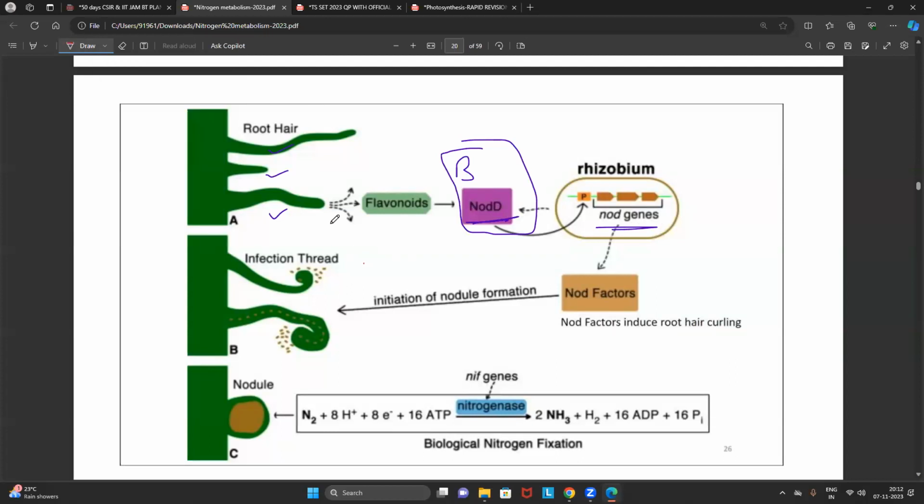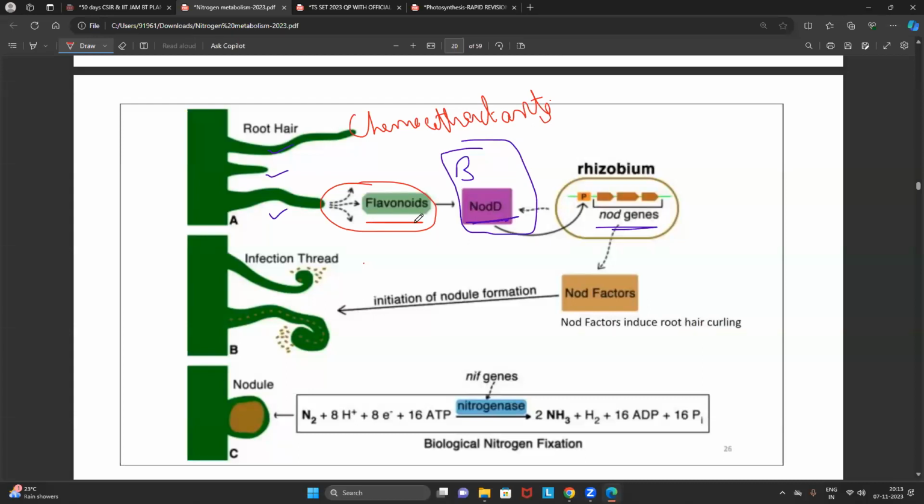So what happened? The plant starts releasing certain chemoattractants. Again, there is a statement: don't think that the plant is going to release the chemoattractants every single time. No, the plant is going to release the chemoattractants only whenever it requires. So now they want to attract the bacteria compulsorily, so they release the flavonoids.